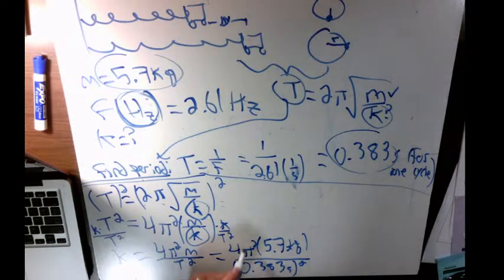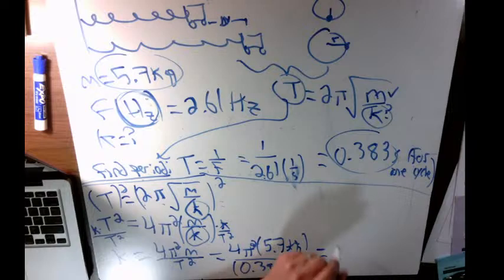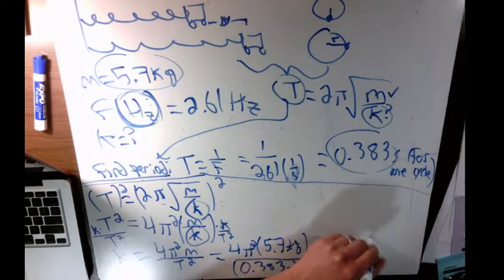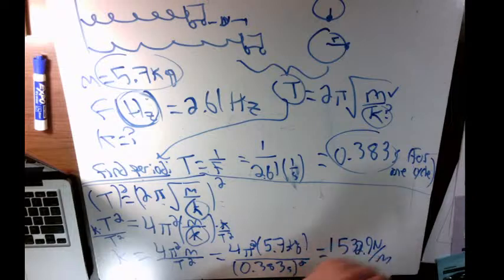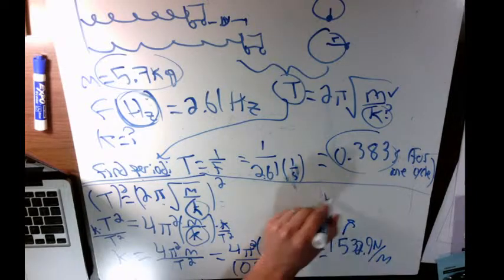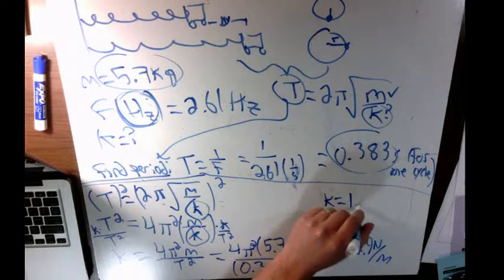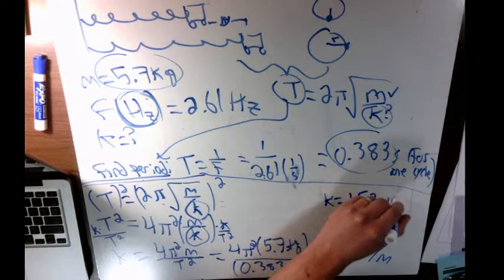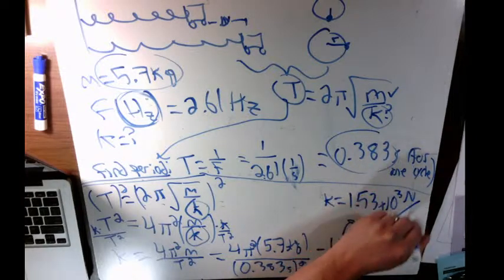I need to remember in my calculator to square the pi and to square the period. And that will give me 1,532.9 newtons per meter. And if I want significant digits for that, my spring constant is 1.53 times 10 to the 3 newtons per meter.